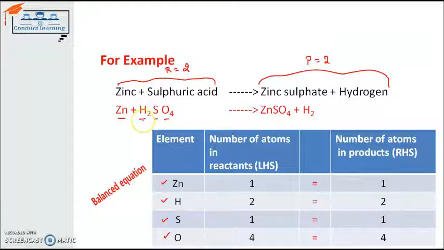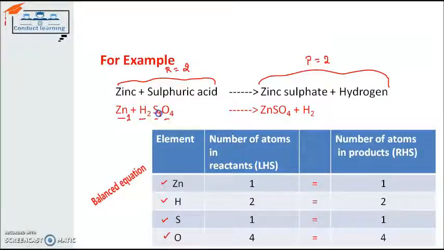After that we have to count the number of atoms in these reactants. First we calculate the number of atoms for zinc, which is 1, because nothing is written there, so we consider it 1 atom, as I described earlier. Hydrogen has 2 atoms. Sulfur has nothing written at its foot, so I consider it 1 atom. Oxygen has 4 atoms, as 4 is written at the foot of the oxygen symbol.